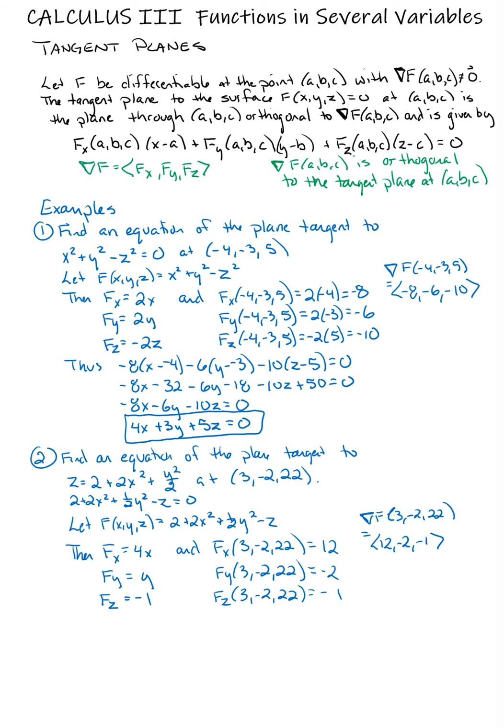All right, so moving on, we now can write our equation. It is 12 times x minus 3 minus 2 times y minus negative 2 minus 1 times z minus 22 is equal to 0. We can clean this up a bit.